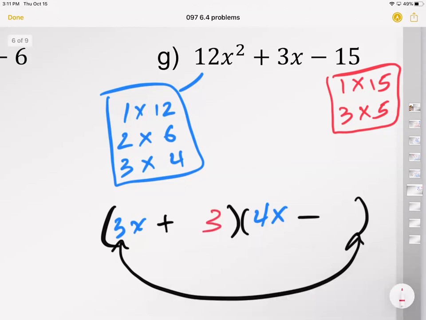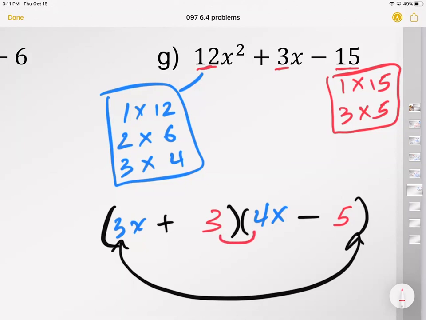It's supposed to be 3 here and 5 here. You say, well, Mr. Tran, the 3 and the 3 cannot be together. Well, I did not see that they have a common divisor, a GCF, and because of the GCF, the two items have that in common.